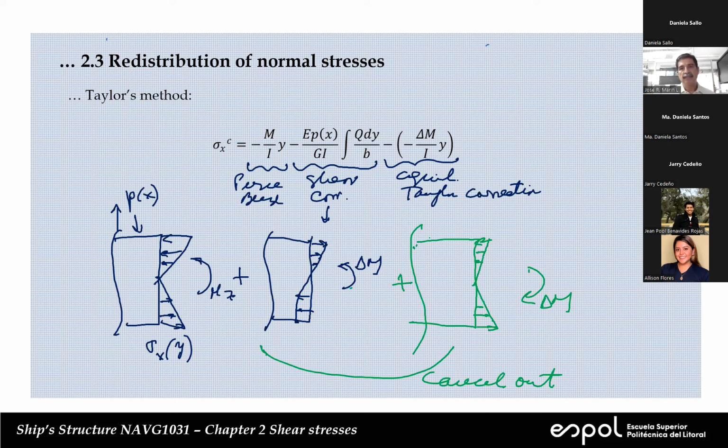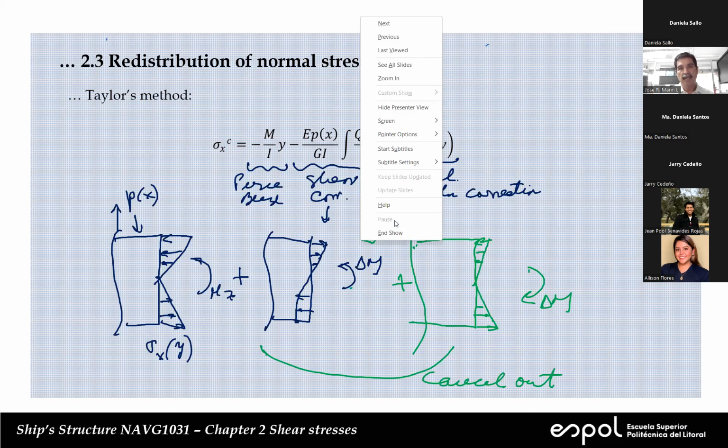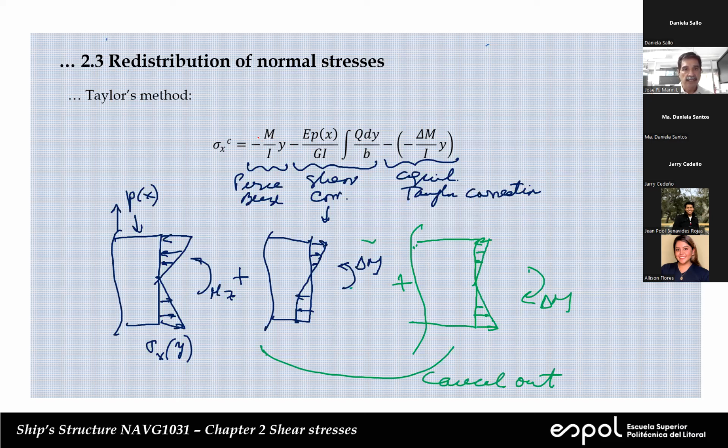In here, as I said before, we have to be careful with the signs, okay? This negative here is from the original deduction, chapter 1. This negative comes from the derivative dV/dx equal to minus p of x. This negative here is basically the same as this one here. It's the same, okay?